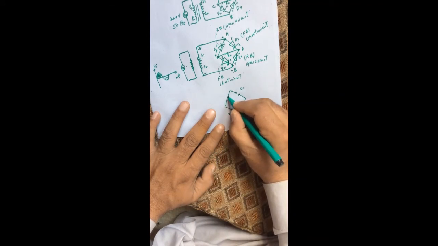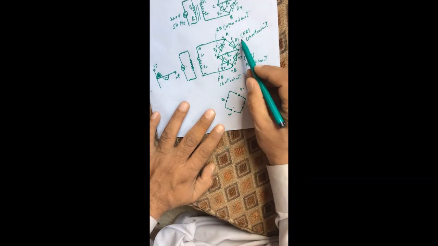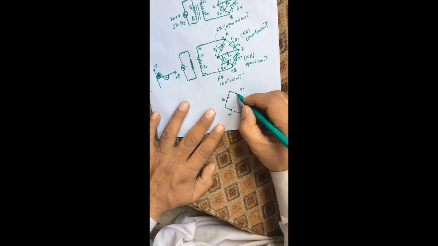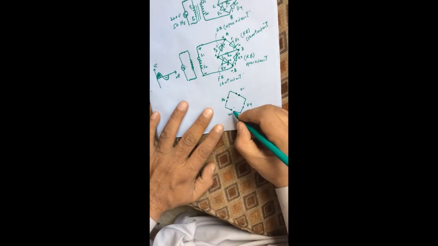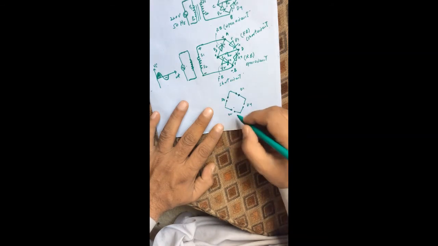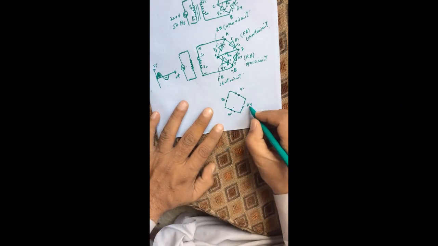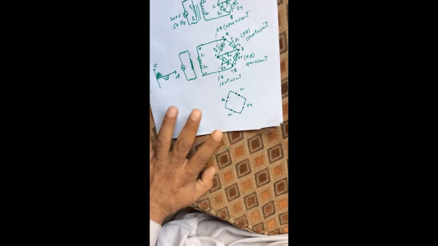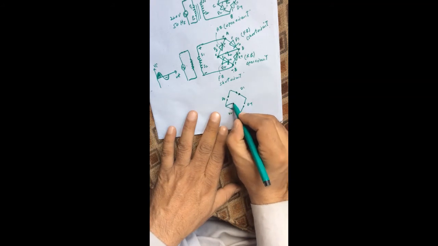This is diode D3 and this is diode D4. Now diode D1 is forward bias. It behaves like a short circuit. So it looks like this. And similarly diode D2 is also forward bias, so it also behaves like a short circuit. While diodes D4 and D3 are open circuit, so they are open. And here we have the load resistance.